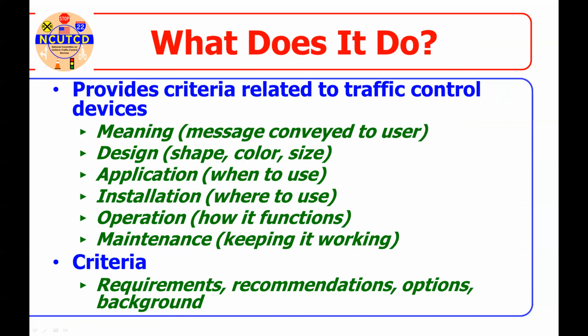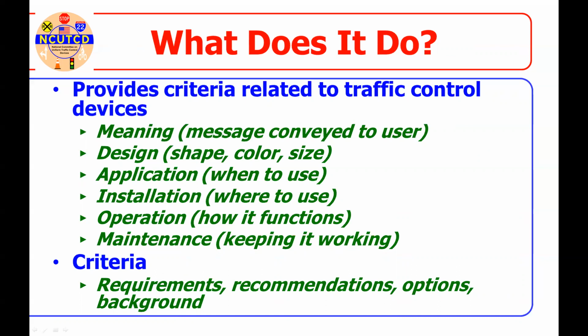It addresses design, which tells you the proper shape, color, and size of the device. It gives you information on when to use the device. In other words, do you need this device at this location? It tells you where to put it, which includes the height, offset from the side of the roadway, and distance from the hazard if it is a warning sign.